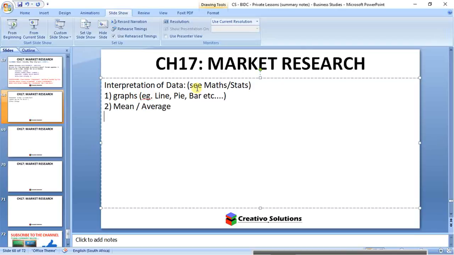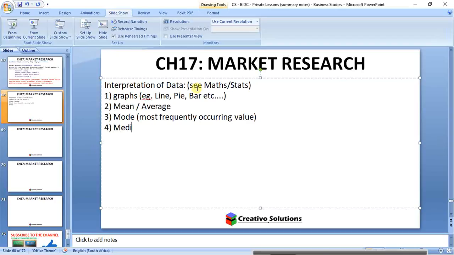Next is mode. Do you remember what mode is? Most frequently occurring observation value. Four is median.